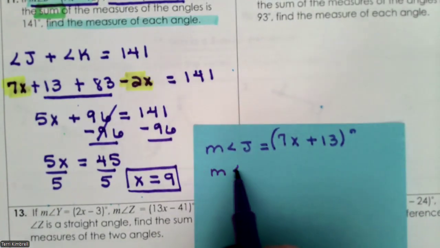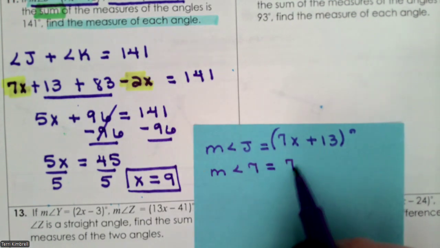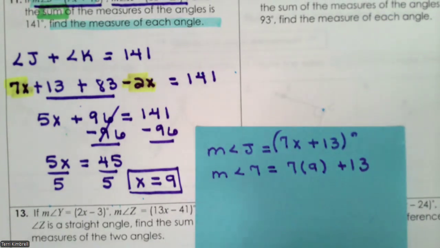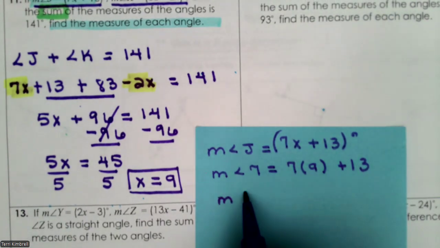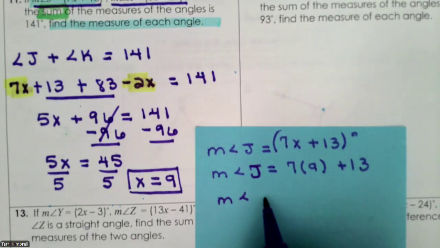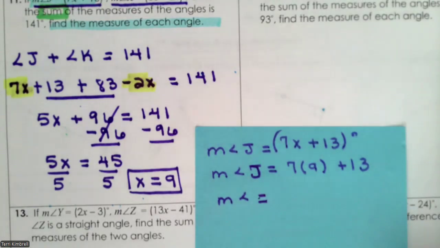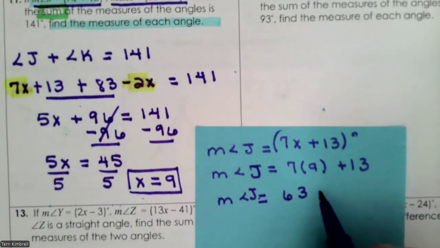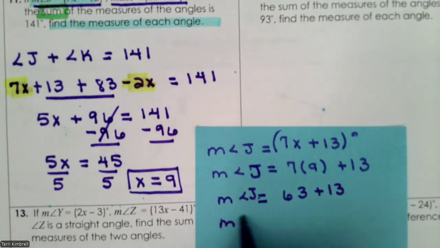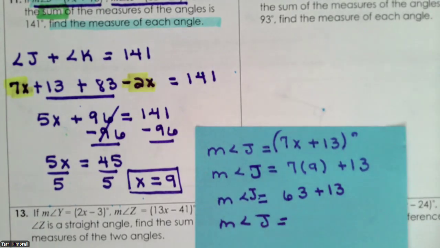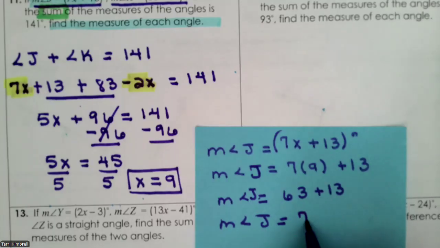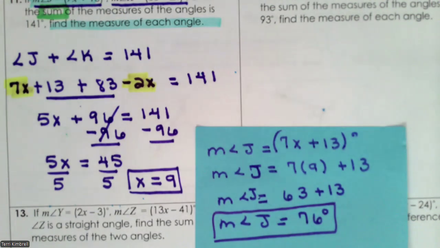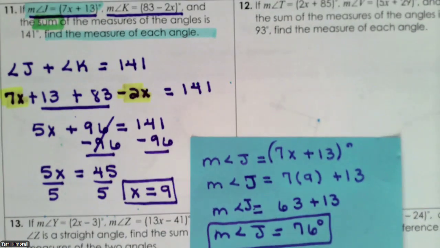So the measure of angle J is going to equal 7 times 9 plus 13. So that will give us 63 plus 13, which would come out to be 76 degrees. So angle J is 76 degrees.